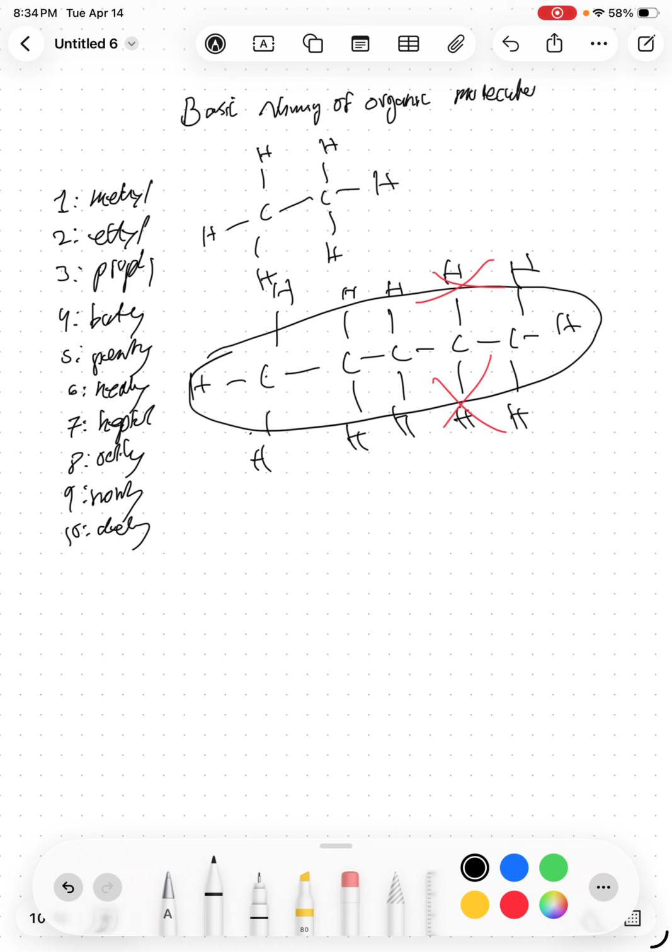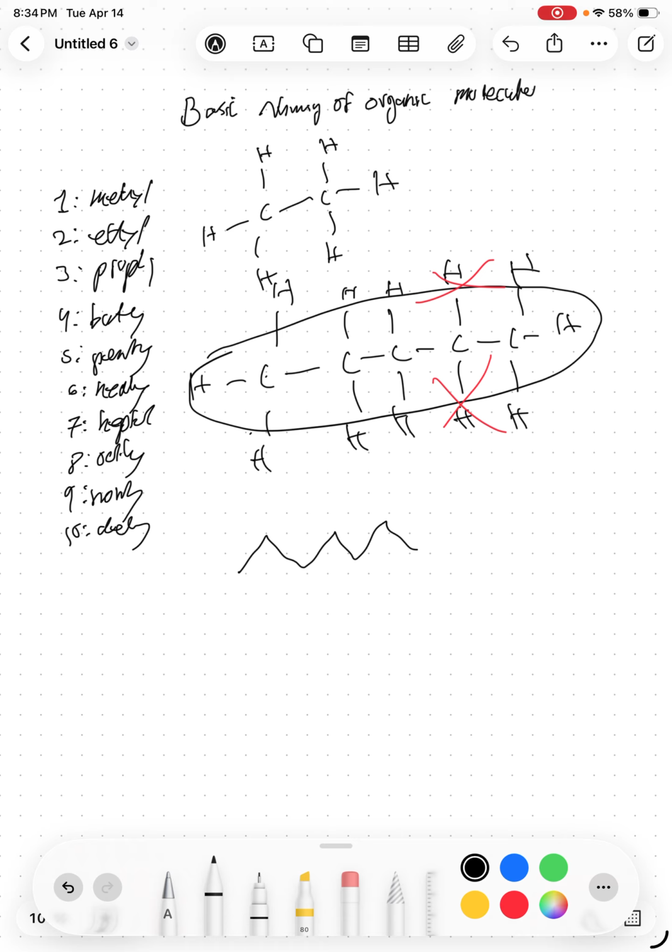Okay, let's go forward. So what would you do? You're just going to draw it like this: 1, 2, 3, 4. I call them the pyramids. The top of the pyramid is a carbon and the bottom of the pyramid is a carbon.